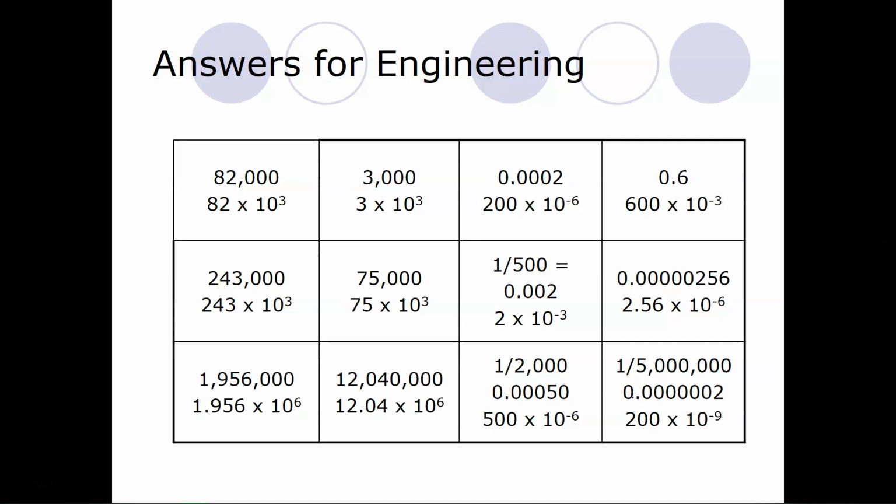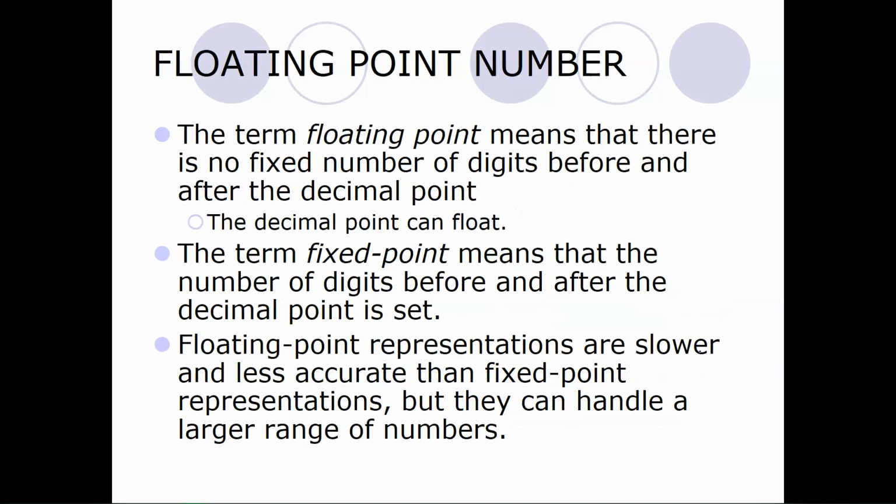Especially on big numbers like these, being able to just go 1, 2, 3, comma, 1, 2, 3, comma, suddenly breaks a number that is very long and very monotonous into one that is a little bit more easily understood by your brain. So the term floating point means that there is no fixed number of digits before and after the decimal point.